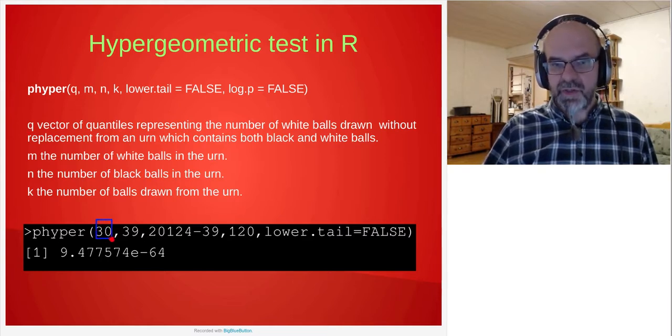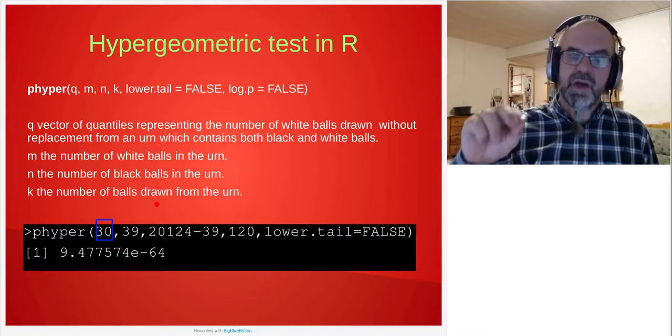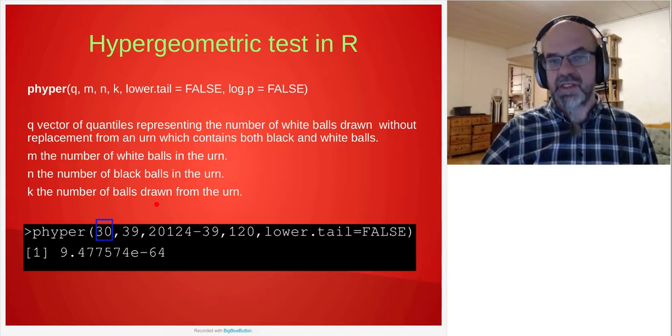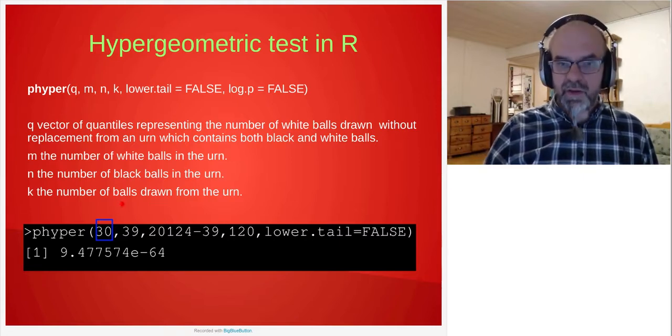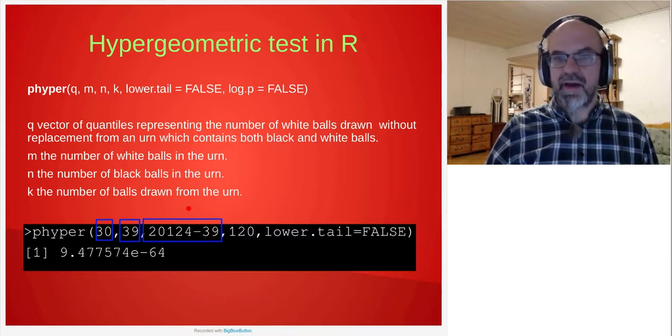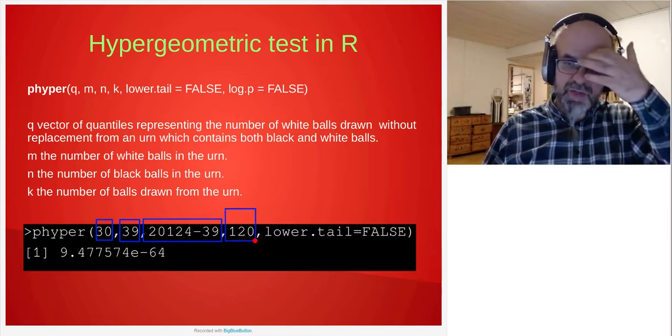So first, this is 30, the number of successes, meaning that we were able to identify this many genes successfully out of 39. And we can tell that there are 39 such genes and 20,124 minus 39 non-glutathione related genes, and that we have drawn 120 genes.